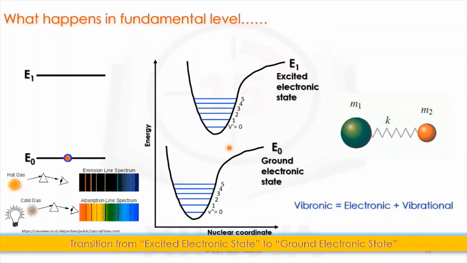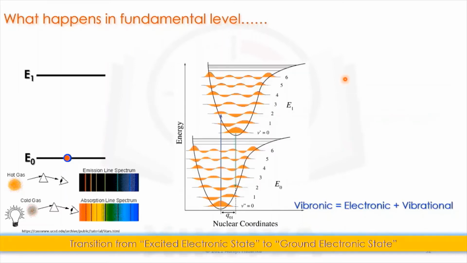Because of this vibration, along with the electronic state, we will also have vibrational energy levels. So the electronic energy levels together with vibrational energy levels are termed as vibronic energy levels. And any transition from one electronic state to another electronic state which couples with vibrational energy levels is termed as a vibronic transition.